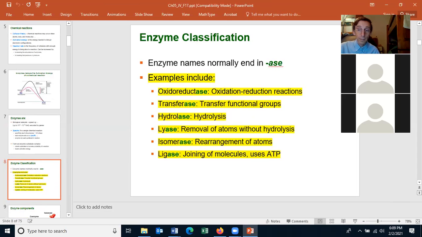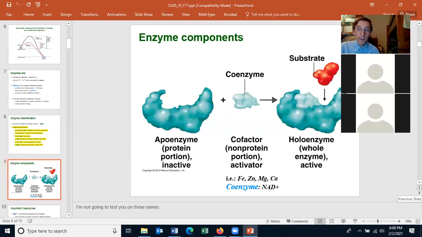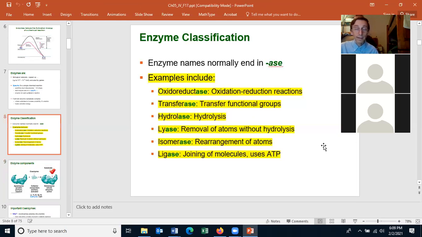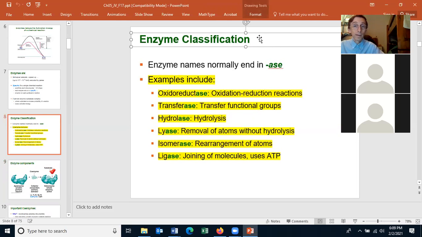If not, let me go ahead and just talk about this slide here, and then we'll stop. Enzymes normally end with ASE, ACE. Most enzymes have ACE on their name.